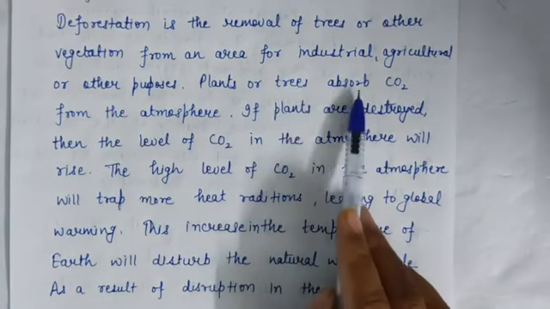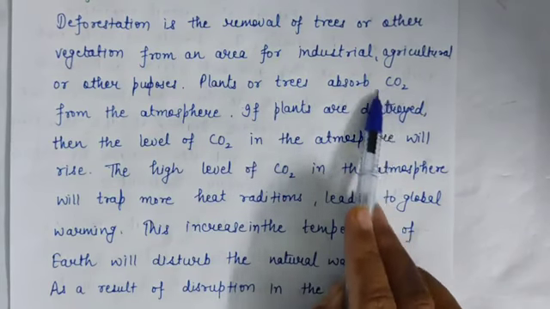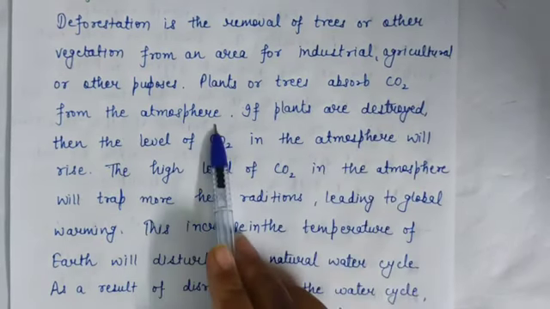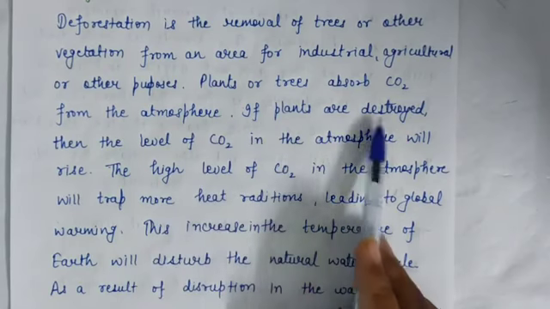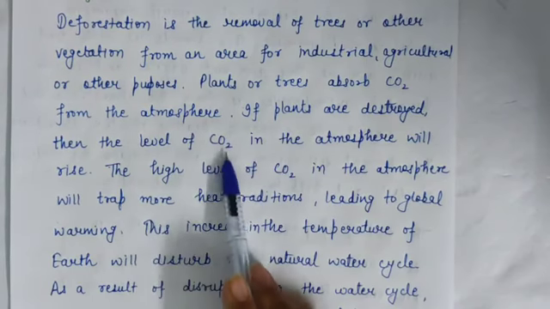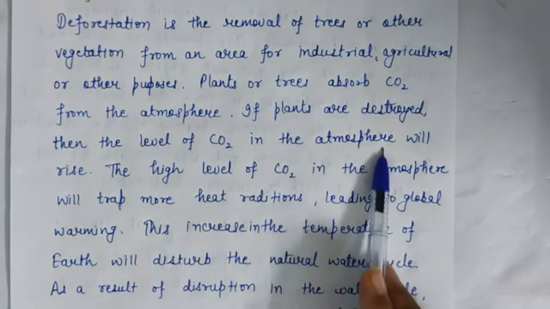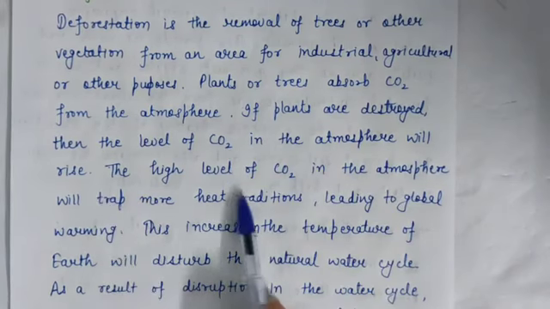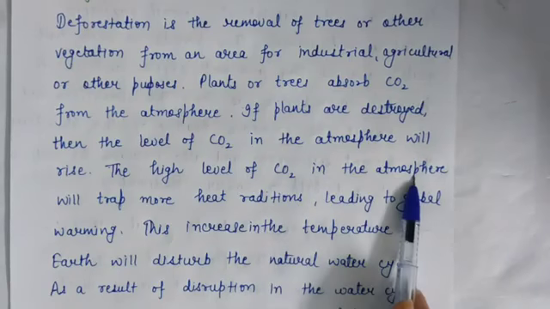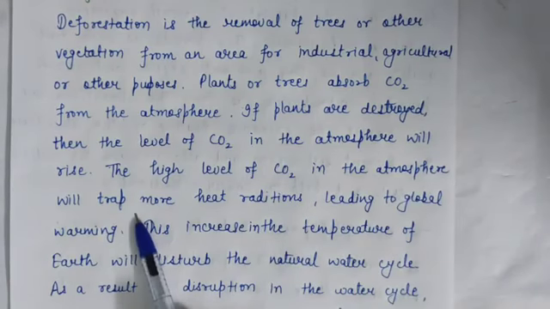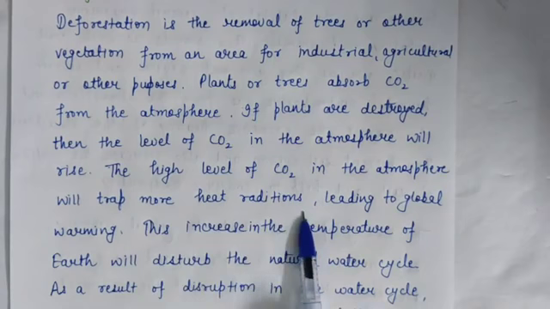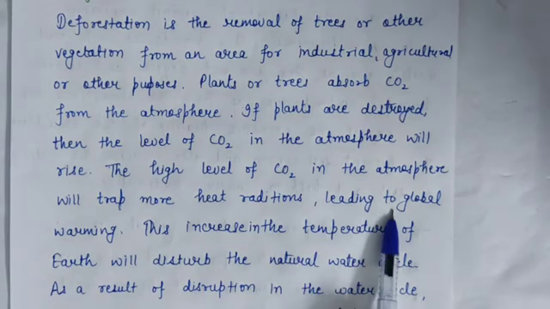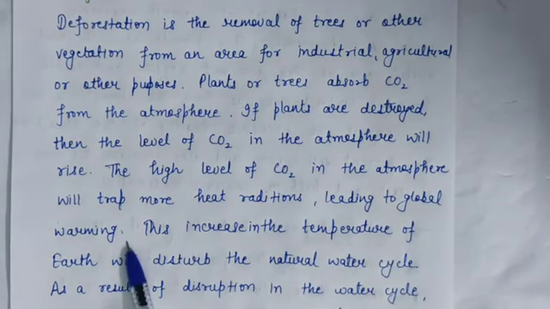Plants or trees absorb carbon dioxide, CO2, from the atmosphere. If plants are destroyed, then the level of CO2 in the atmosphere will rise. The high level of CO2 will trap more heat radiations, leading to global warming.